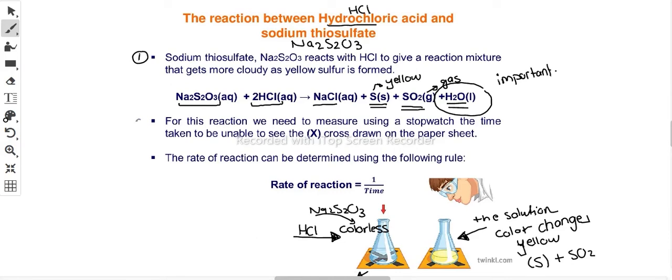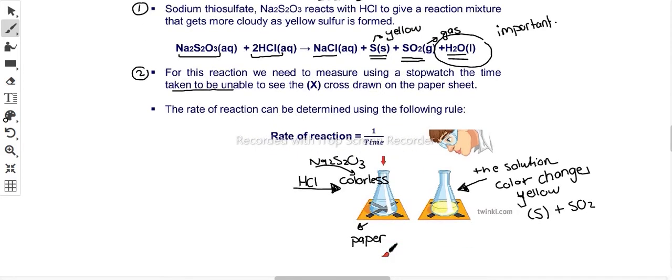How can we monitor the rate of the chemical reaction? What we're going to measure here. For this reaction, we need to measure using a stopwatch the time taken to be unable to see the x-cross drawn on the paper sheet. So you will start looking at the flask and you will have your stopwatch beside you.